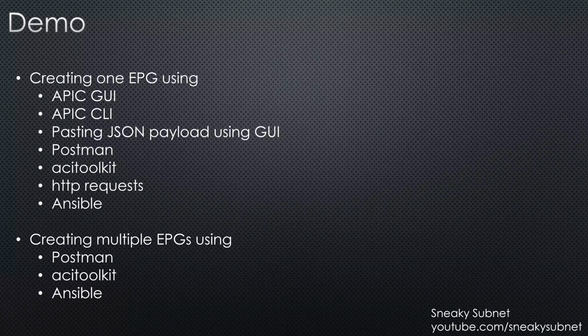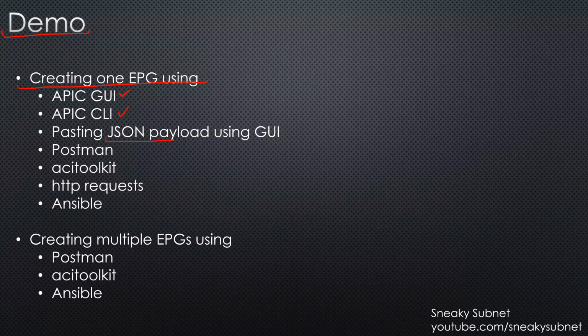And finally, we are ready to proceed with our demonstration. Today I will divide it into two big parts. At first we will create a single EPG using different methods. First of all, we will take a look at how you can create an EPG using the graphical interface and CLI.